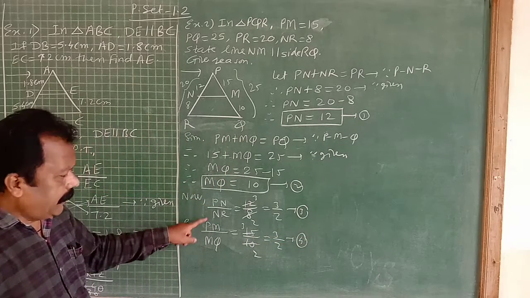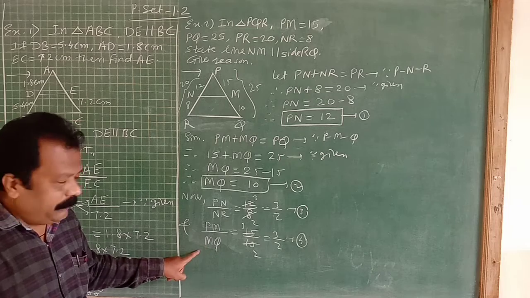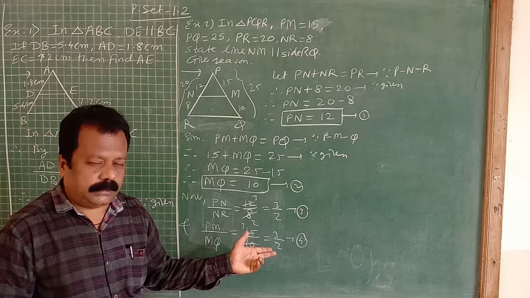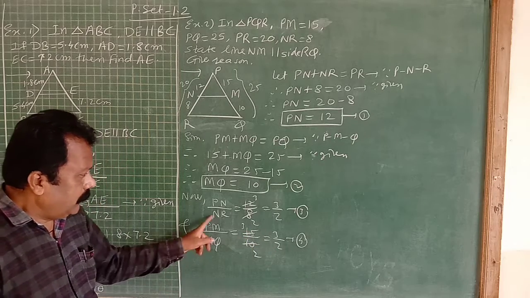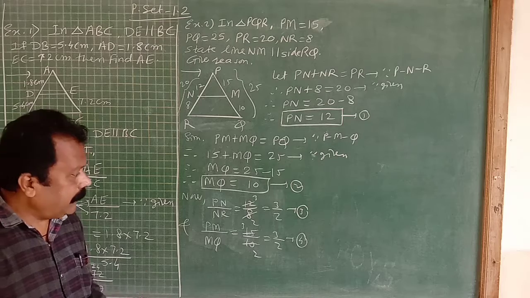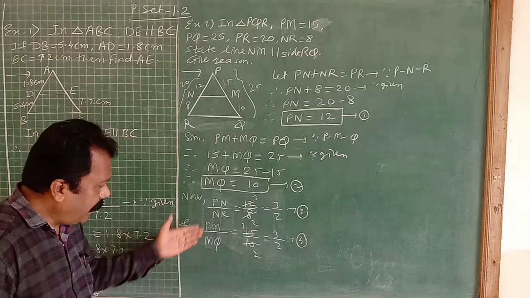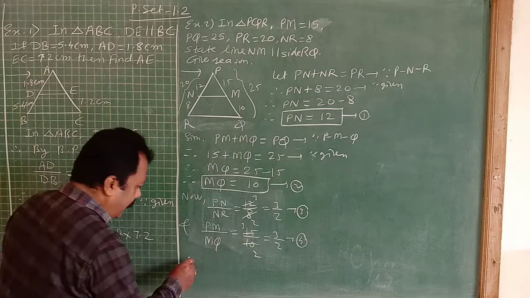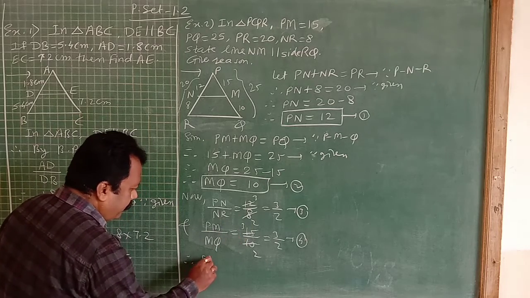Now see, PN upon NR and PM upon MQ. These two ratios have got the same value, 3 upon 2 and 3 upon 2. Since both ratios are the same, the values of these ratios are equal, so they are in proportion. Therefore, from 3 and 4, what can we write?